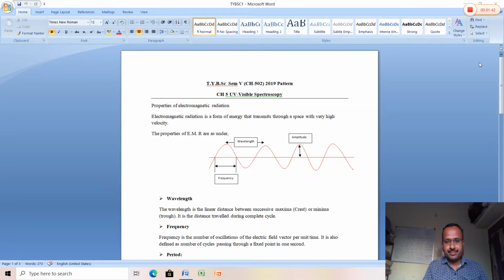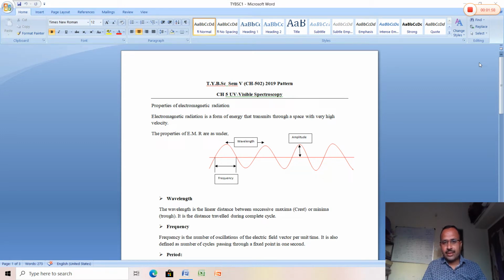Now if you see the wavelength in this figure, the red zigzag line is the electromagnetic radiation.